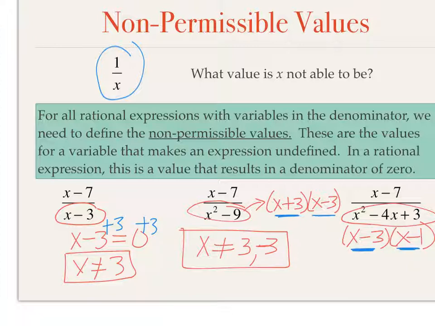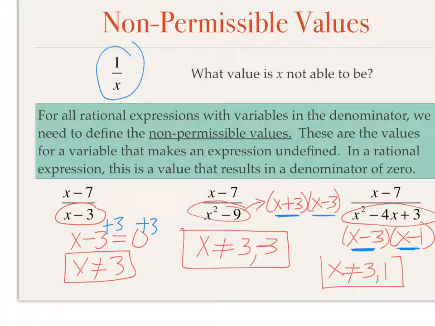So for the factor on the left, since it's x minus 3, I say that x cannot equal what? 3. So it's always the opposite, right? If it's x minus 3, that means x can't be 3. If it was x plus 3, it would mean x couldn't be -3. Okay, and then for x minus 1, my non-permissible is 1.